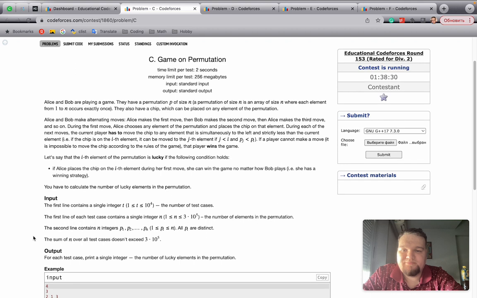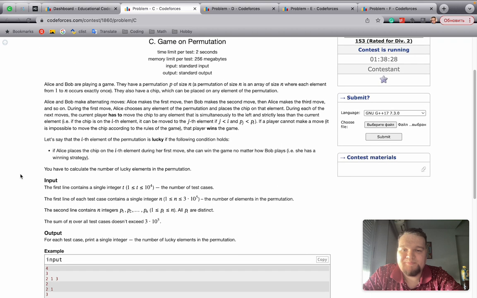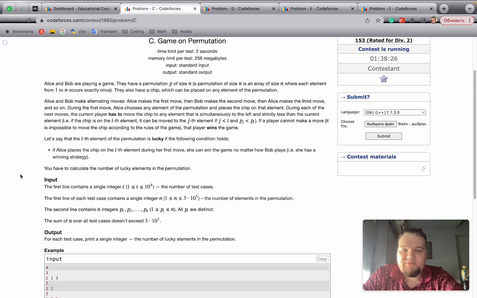Problem C. Alice and Bob are playing a game. They have some permutation. They also have a chip which can be placed on any element of the permutation. Alice and Bob make alternating moves. During the first move, Alice chooses any element of the permutation and places the chip on that element.